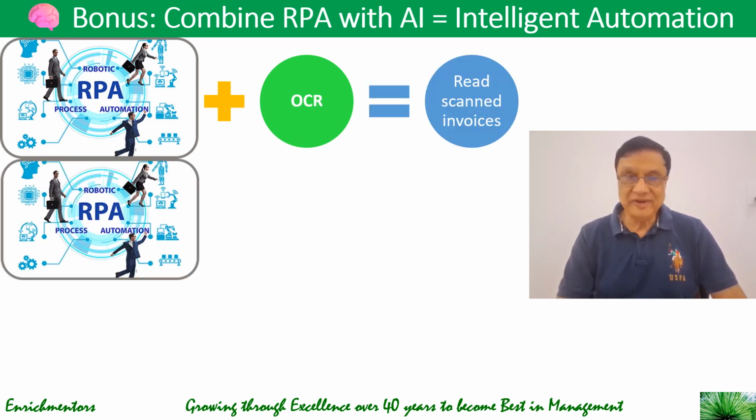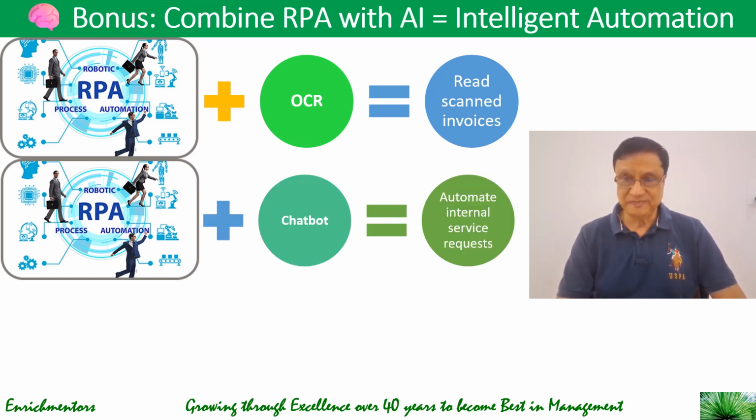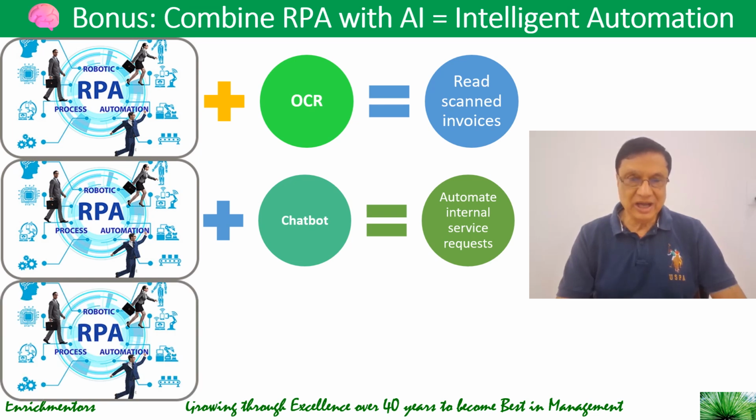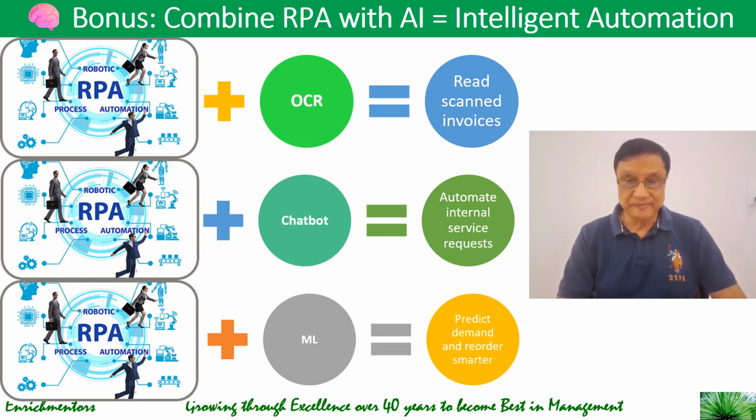Then, if you combine RPA with a chatbot, you can automate internal service requests. And if you combine RPA with a machine learning program, then it can predict demand and reorder smarter. Right. So these are some bonuses of combining RPA with other components of artificial intelligence for intelligent automation.